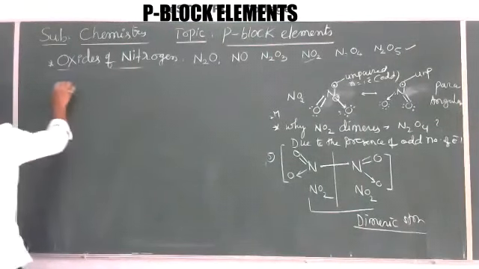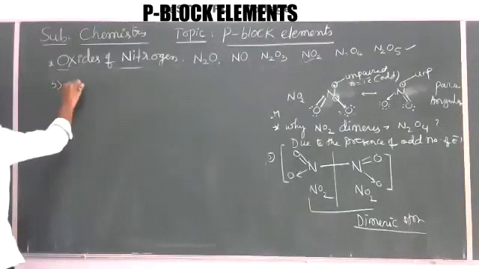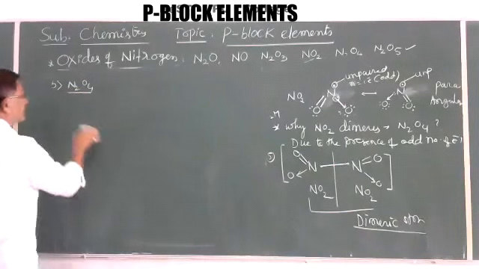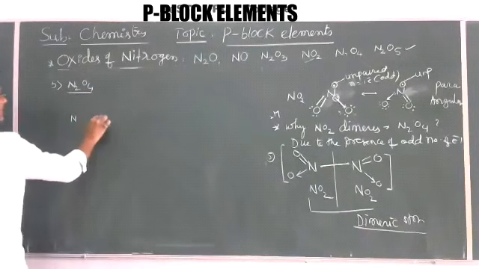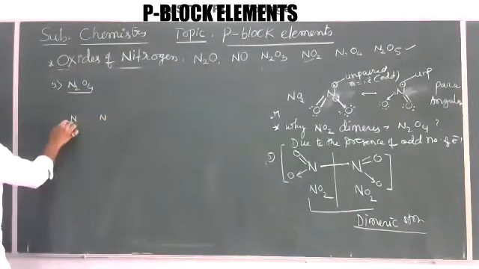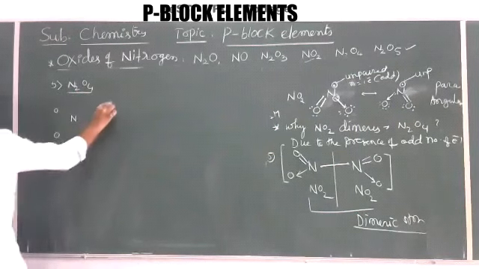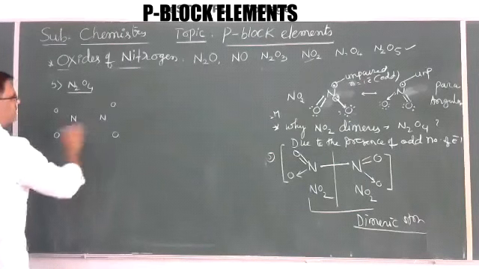Lastly, finally, your 5th one is N2O4, nitrogen tetroxide, same as it is. Your nitrogen and nitrogen, take here total 4 are there. Oxygen, here oxygen and oxygen.